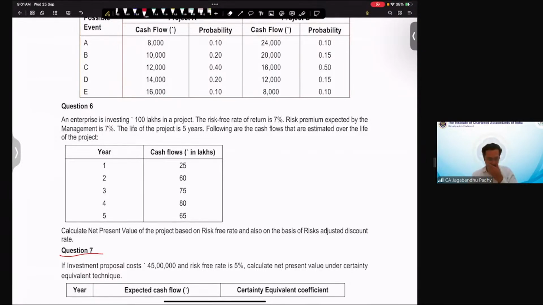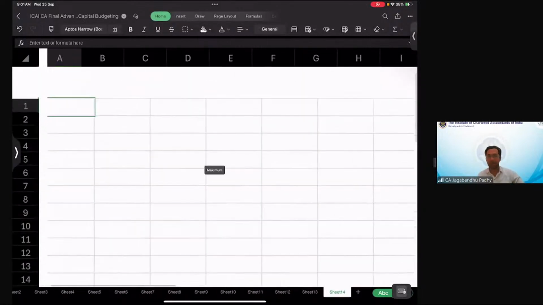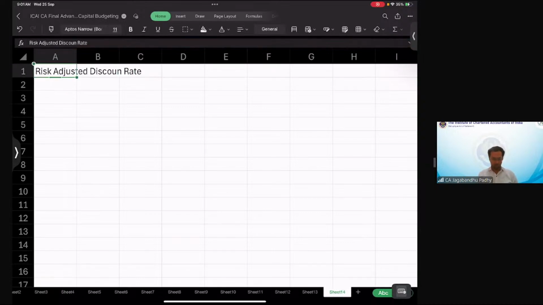You all are there. Now, let's look at another aspect of involving risk in our capital budgeting decision, which is called the risk-adjusted discount rate. It is a well-known aspect in finance that high risk means higher return.